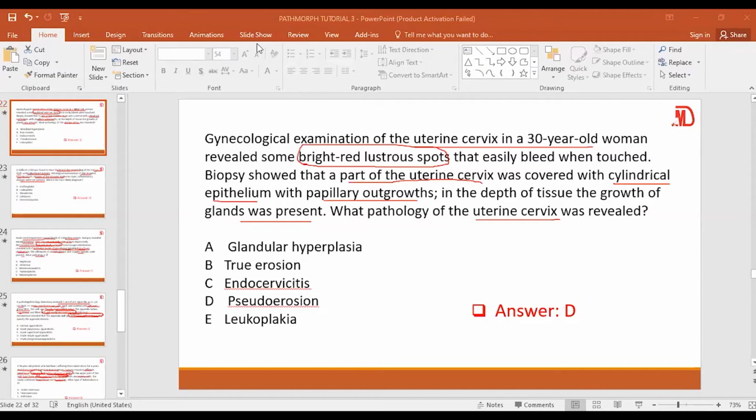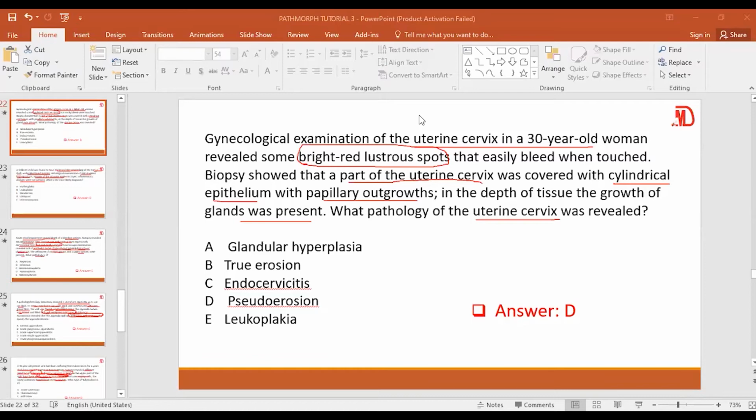Maybe can I contribute to that a little, sir? Please, feel free, doctor. I've come across this question sometime back, and it was explained to me by one of our teachers. She let us realize that pseudo erosion only takes place in the cervix. Anywhere it mentions the uterine cervix, it is pseudo erosion, because they mentioned the uterine cervix there.